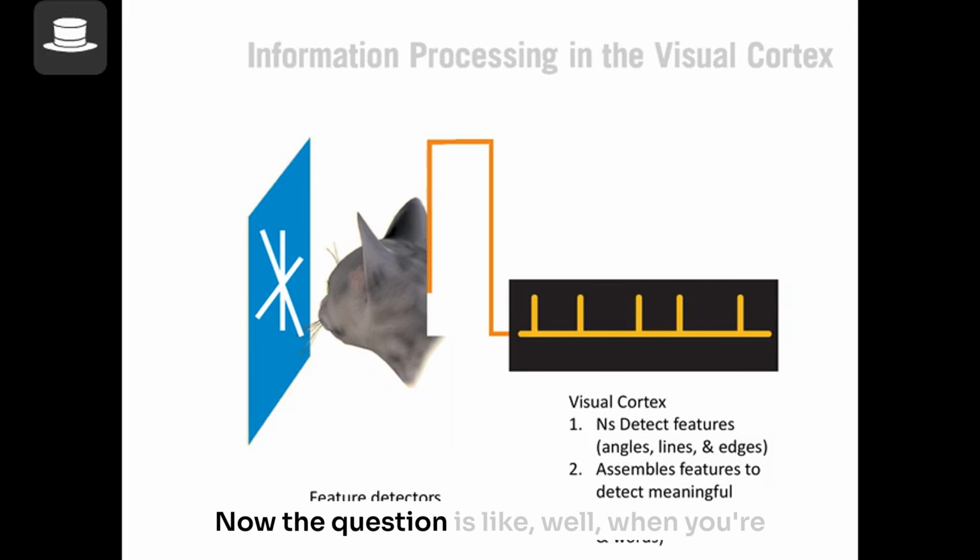Now the question is, if you break what you're looking at into individual features, how do you combine them? According to research, we combine these features again at the occipital level to make sense of it and get a bigger picture of what this is. And these particular neurons that are sensitive to specific features in the object are called feature detectors.